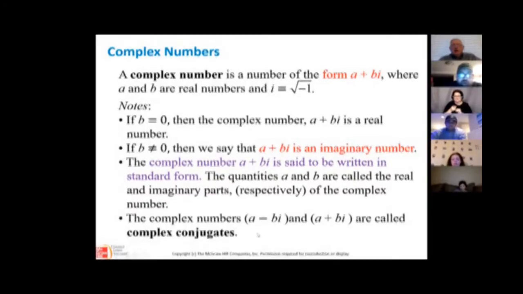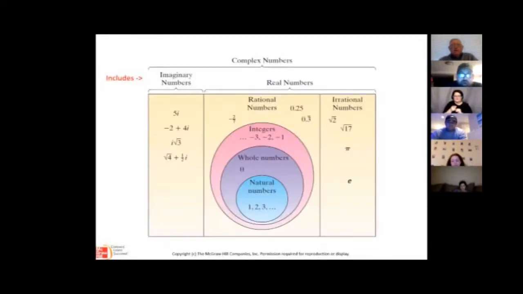This is a pair of complex conjugates, and we use those to eliminate denominators, just like we did the conjugates to eliminate denominators with square roots.